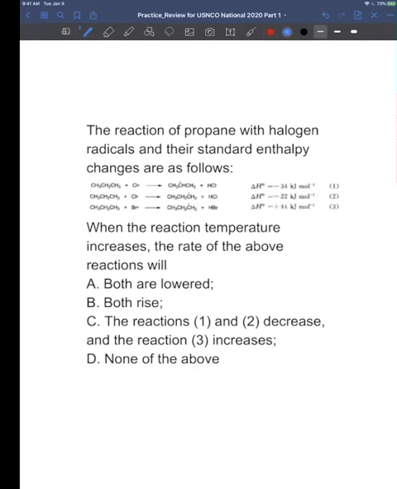There will be more conceptual questions in the test. Oh, I should say, wait a second. I shouldn't say both, right? I should say all, because there are 3 reactions, right?